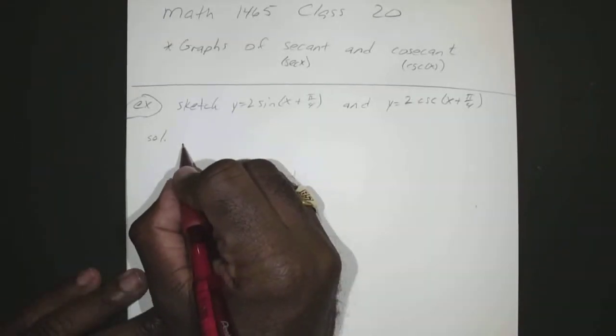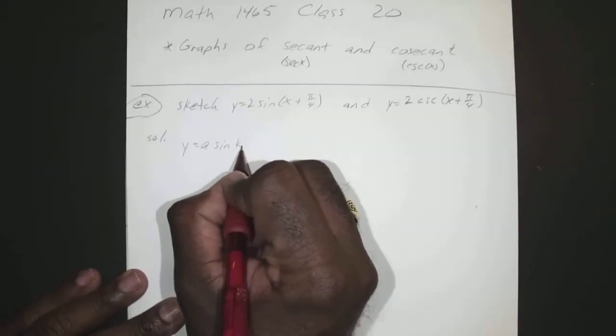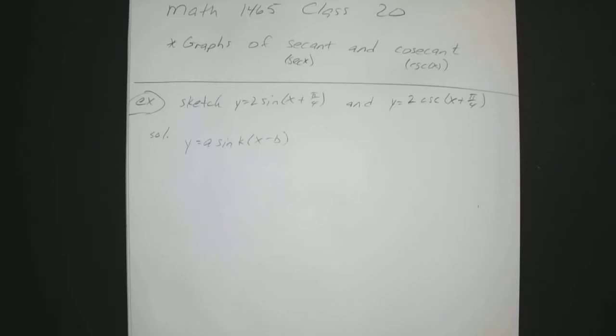Okay, so we know our formula is y equals a sine of k times x minus b. That's our formula we're looking for because we have to get the phase shift, the vertical stretch and shrink, we have to get all of that.